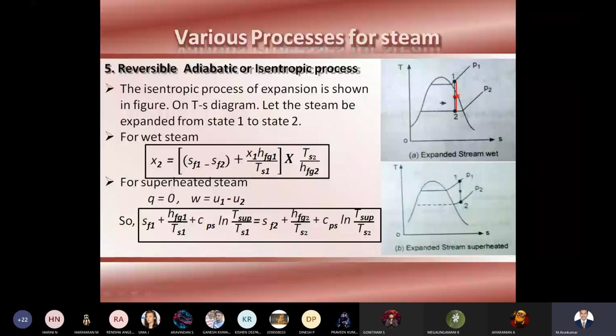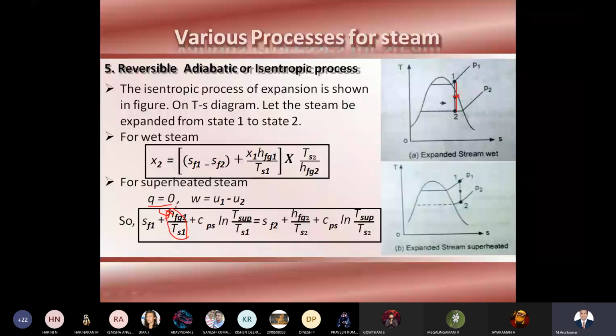Right. For superheated steam, we can have Q equal to 0 and W equal to U1 minus U2. This is the value for U1. You know the U1 equal to Sf1 plus Hfg1 divided by, this can be written as Sfg, entropy.